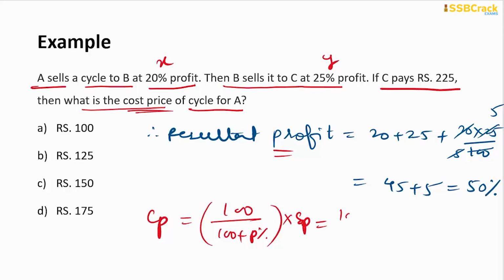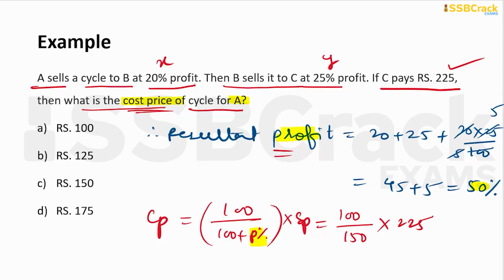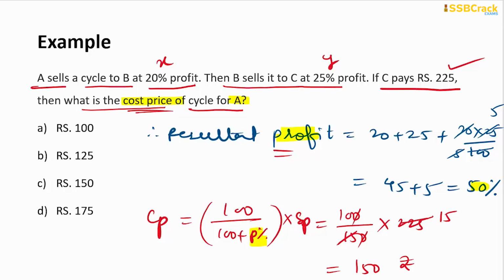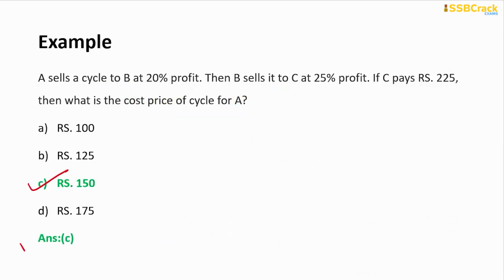So this comes out to be 100 upon 150, because this profit percent is nothing but the resultant profit we take, into 225 rupees, so that we can calculate the cost price of the cycle for person A. Then we cancel the 0, 15 times 15 is 225, so 15 into 10, which is 150 rupees. This is how the answer for this particular question is option C only. Alright, I hope this solution is clear to you.